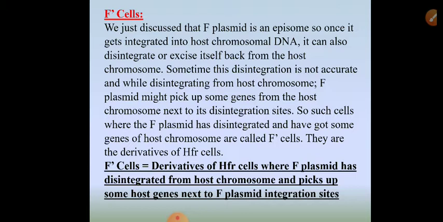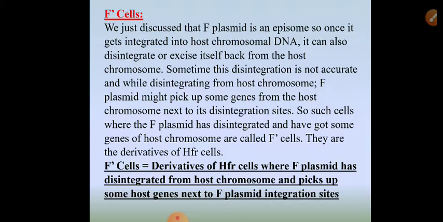Separation is not accurate. The F factor, the plasmid, by mistake picks up some of the genes of the chromosomal DNA. So the F factor gets separated from chromosomal DNA, but it has carried with it some of the genes of chromosomal DNA. Such a cell is called an F prime cell.